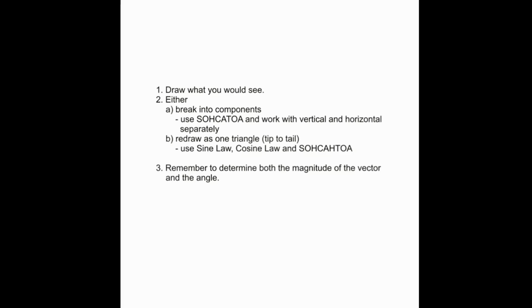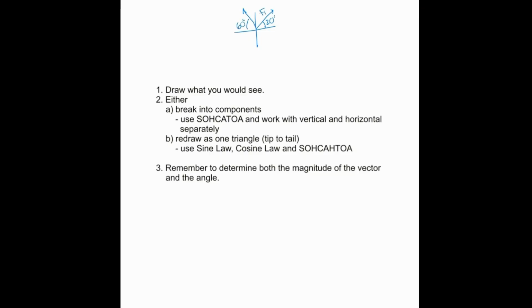Once we've done that and we've got ourselves situated with where all of the vectors should be based on the drawing, we're either going to break it into the x and y components, and use SOHCAHTOA and work with the vertical and horizontal components separately. So imagine I have one vector that's maybe at 20 degrees and another vector that's at 60 degrees.